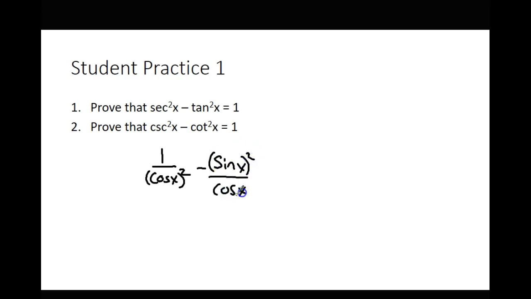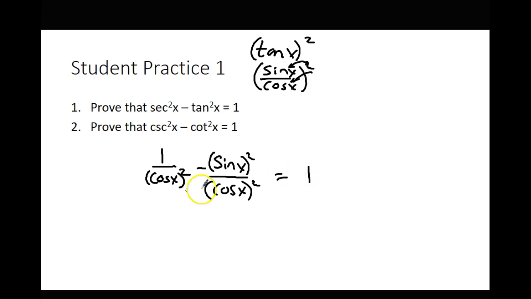Notice how these both have squares, right, guys? The reason for that is because tangent is being squared, and tangent is sine over cosine, and so that square goes to both pieces, so they're both squared. Now, we have a nice situation here. We already have a common denominator.